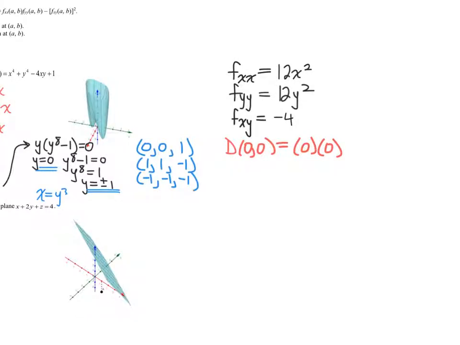Plugging the a, b values into the second order partial with respect to x, it doesn't call for a y, so I only have to plug in the x value. The f of yy, oh, that should have been a 0, because I'm plugging in a 0 there. But then we're going to subtract the -4 squared. So subtract -4 to the second power, and that's going to give me a 16. So -16.